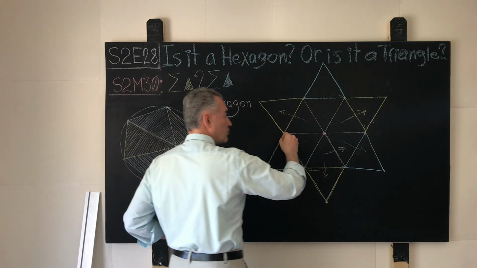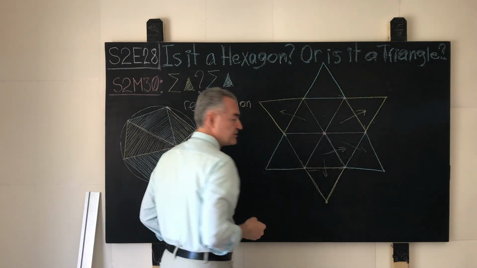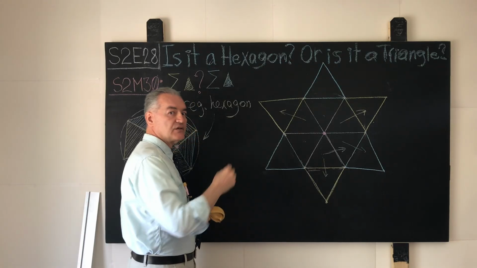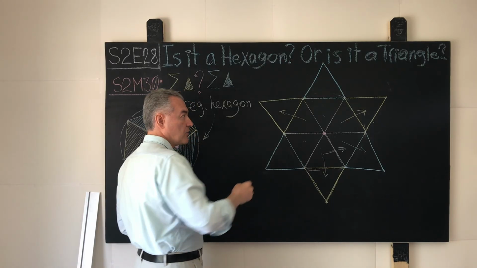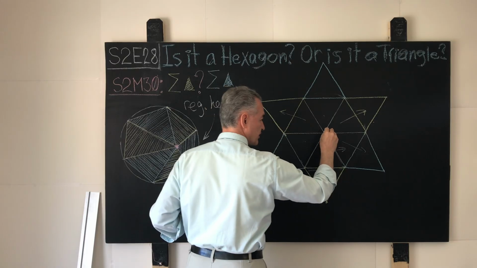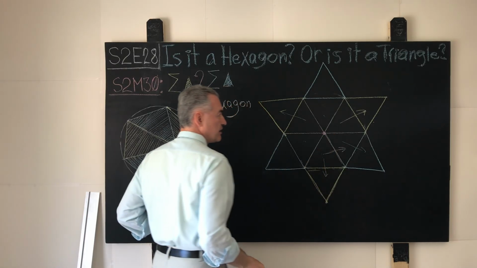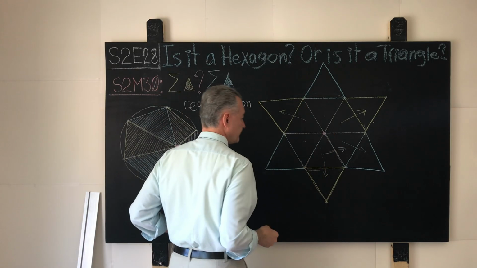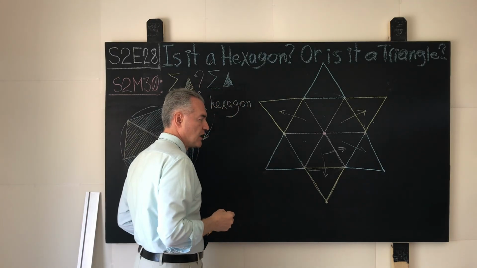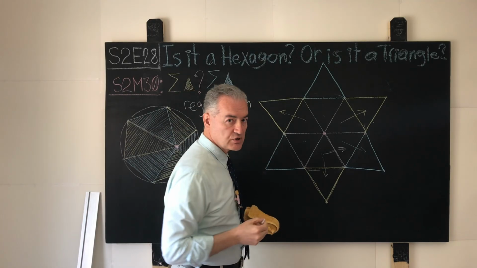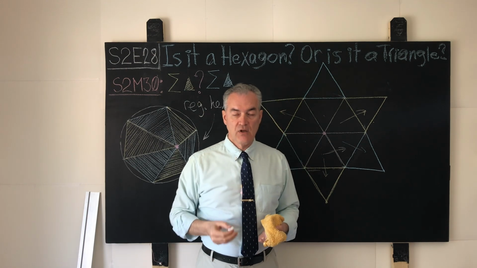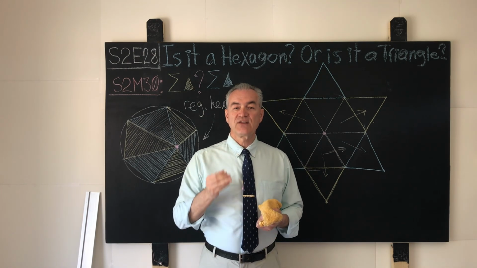In other words, our regular hexagon is an intersection of two congruent, larger, evidently, equilateral triangles that are positioned in such a way that they share their, let's say, circumcenter or incenter, if you will. And what kind of conclusion can we draw from that? Well, we will make this conclusion in the next segment.